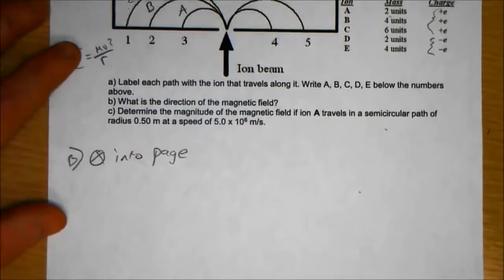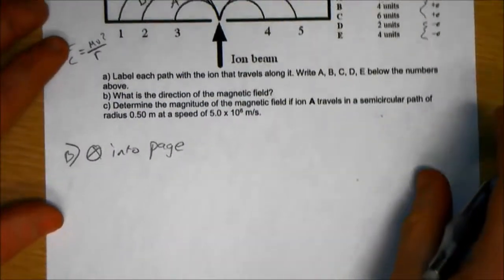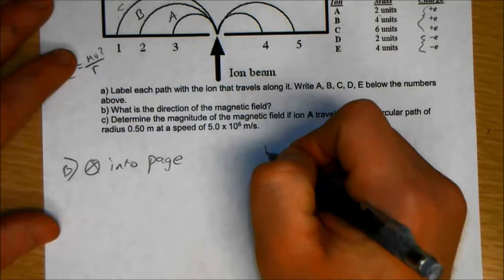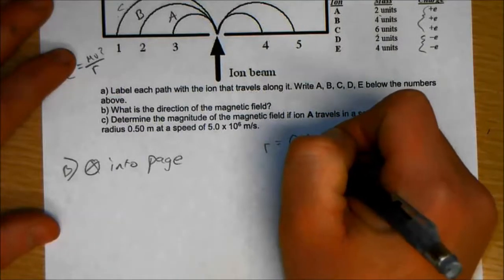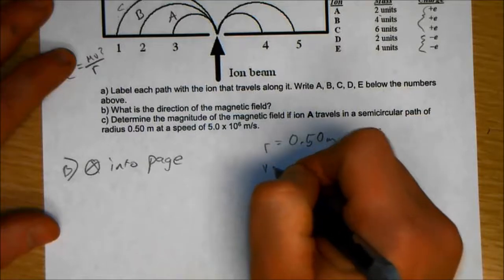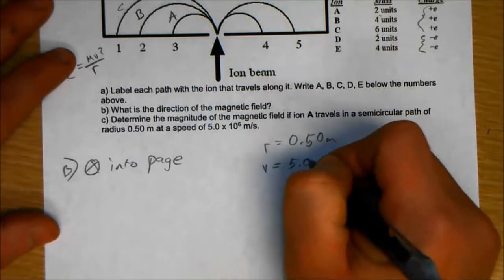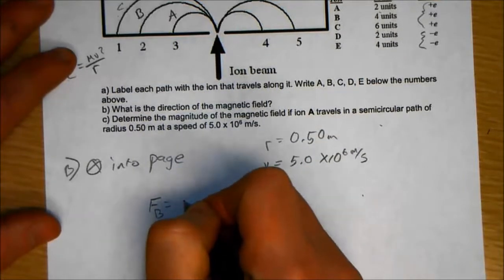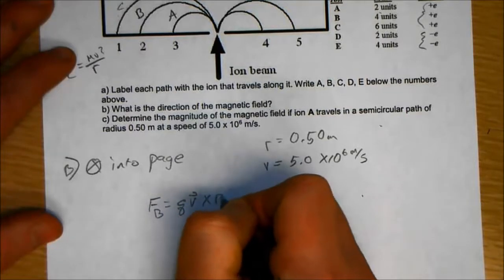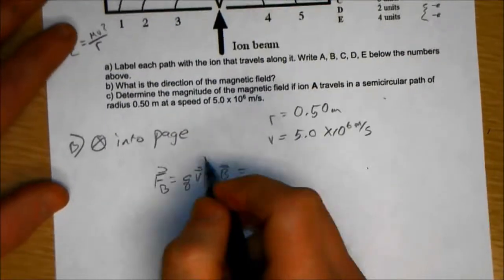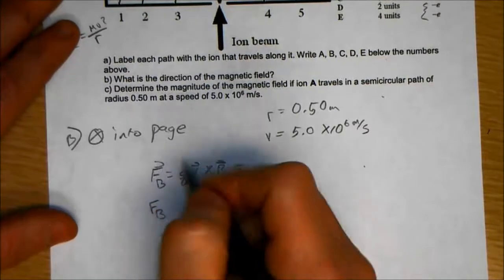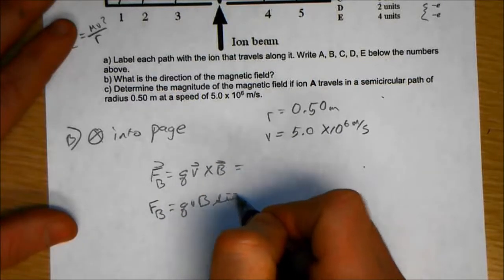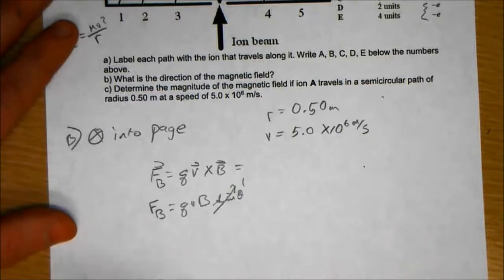So determine the magnitude of the field if ion A travels in a semicircular path of radius 0.5 meters at a speed of that. So R equals 0.50 meters, and the speed, magnitude of the velocity, is 5.0 times 10 to the 6th meters per second. So FB equals QV cross B. The magnitude of the magnetic force then is just QVB, and, well, sine of theta if you wish, but this is going to be 1 because theta is 90 degrees.